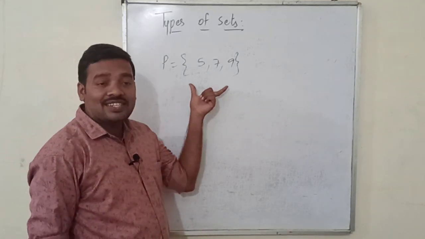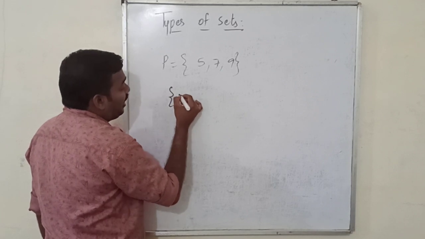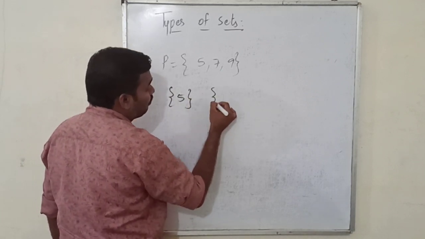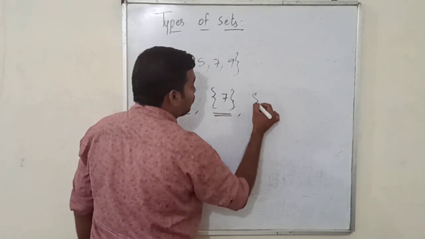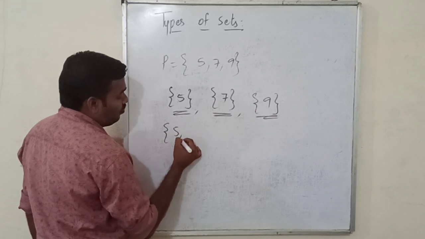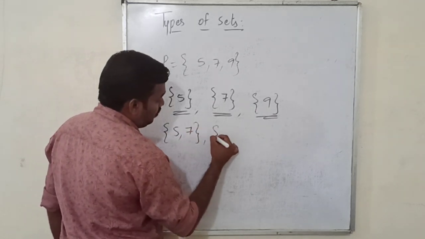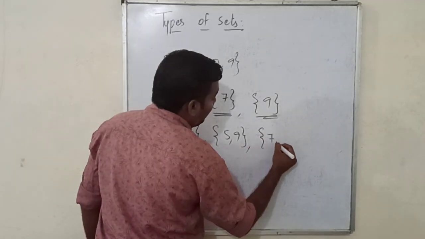Then what are the subsets of P? Then the elements {5}, {7}, {9}, {5, 7}, {5, 9}, {7, 9}. Each of these is a set.